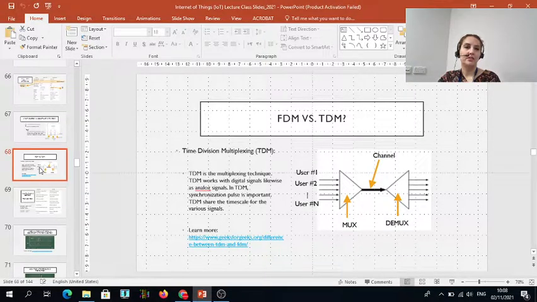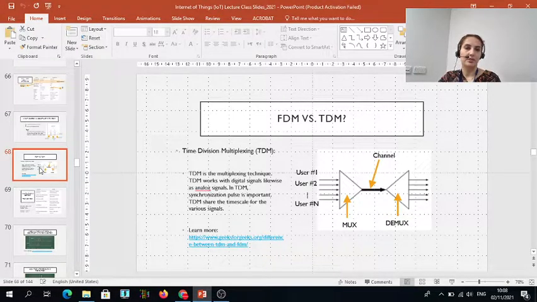So we discussed that when we are looking at time division, we are sharing the whole bandwidth in a way that we are giving the whole bandwidth to one user at a time. That means that we can transmit a bigger amount of data because the whole bandwidth is given to the user. But then there are issues involved in terms of synchronization, because when user 1 is sending a signal, at the receiver side, user 1 should be extracted.